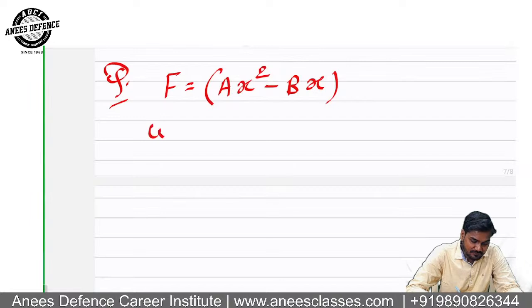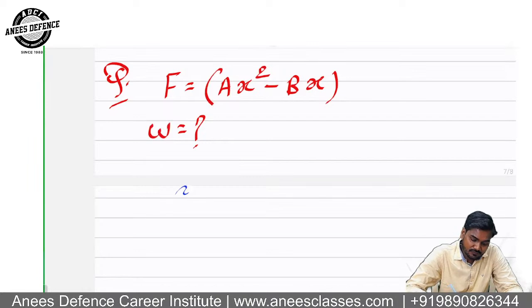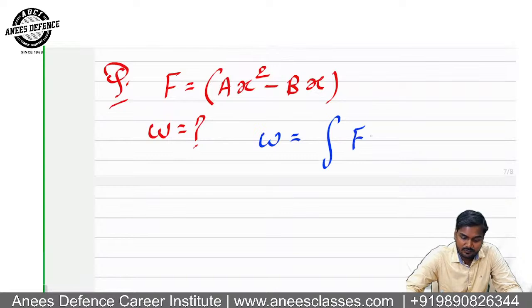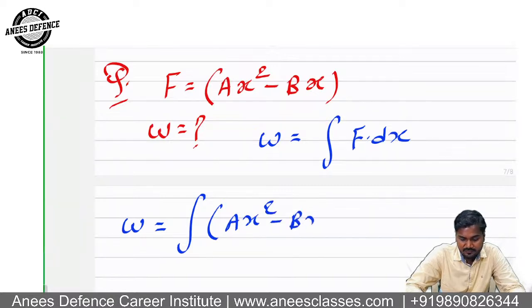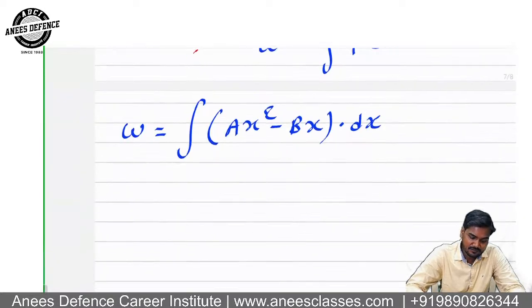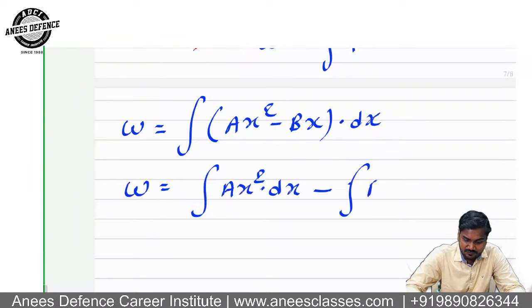Then calculate work done. तो variable is x. तो work done is equal to integration F into dx. Force is x square minus bx into dx. Now work done is equal to integration of x square into dx minus integration of bx into dx.